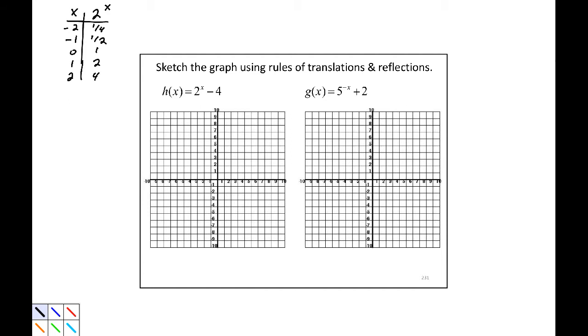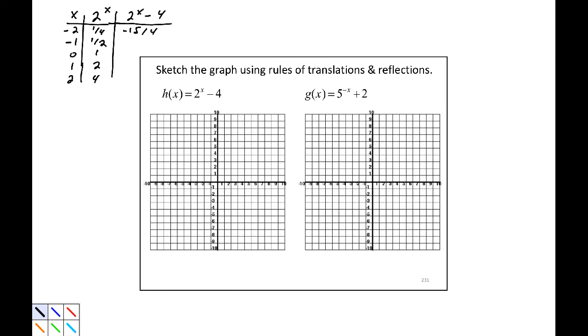With this function, we are translating our function down, so 2 to the x minus 4 would become, instead of 1/4, 1/4 minus 4, which is -15 over 4, or -3.75.